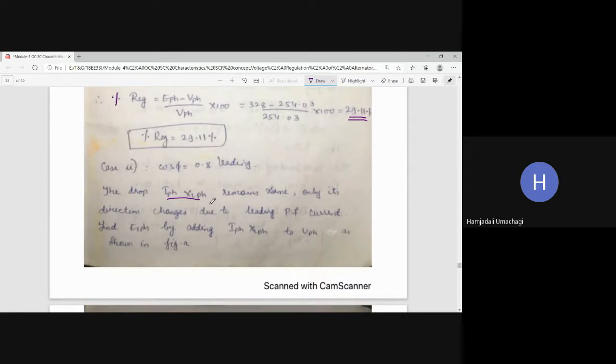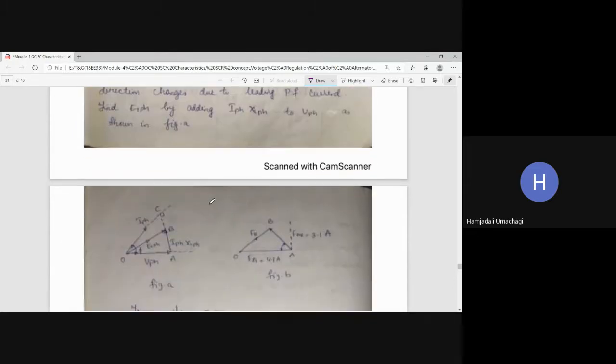IF2 equal to 3.1 ampere from the Potier triangle, remains same. IAXL, that is 55 volts, and IF2, that is 3.1, both will remain same from the Potier triangle.